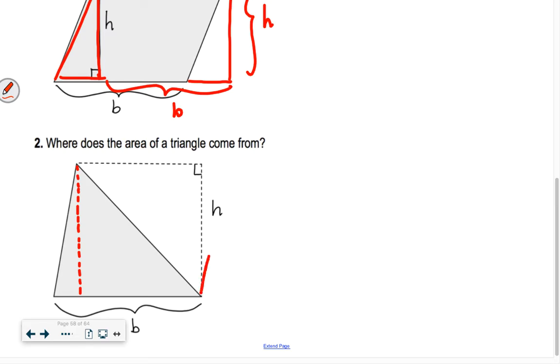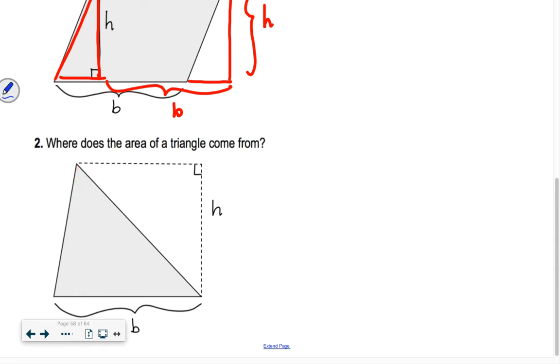Okay, and then I move it over here. Is that what I want to do? What am I doing here? I'm trying to cut it so that it's 1/2 base times height. I think I just did this picture terribly. I think I meant for this to be a parallelogram, and this picture is just awful.